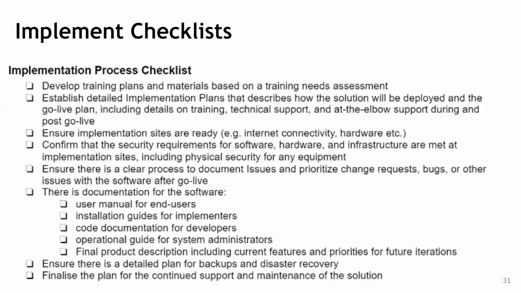If there's internet needed, ensure that it's already there. Hardware and other things which are needed for the implementation, because you don't want to start installing or deploying those once you start the implementation, because something might not go right. So you need to plan to do those in advance, so that when you are implementing, you're just focusing on the software part or the training needs of the implementation.